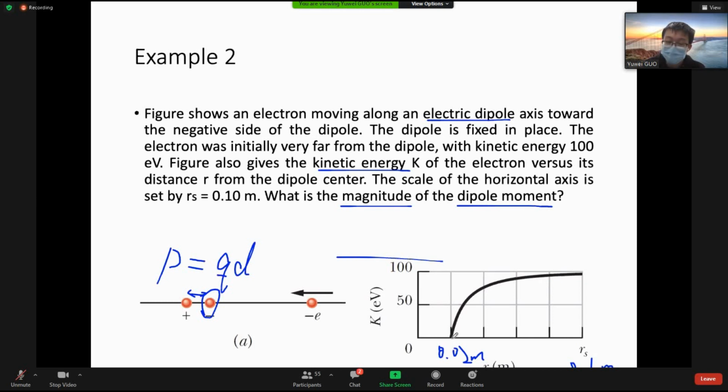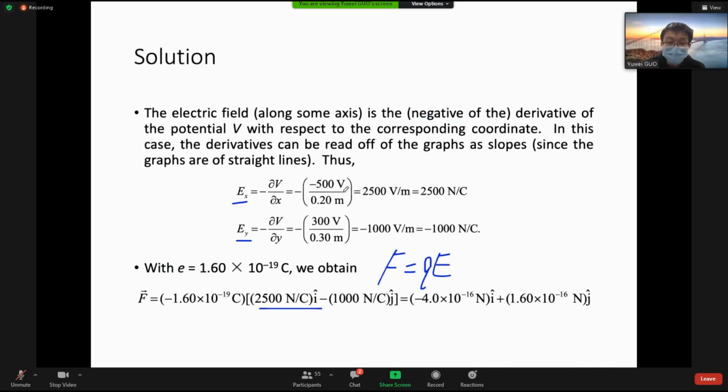It means that at this point, the energy should be 100 eV, the potential.